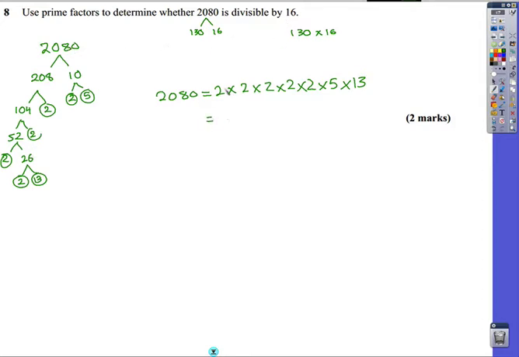Well, let's see. Can we make 16 with any of these? Well, yes. 2 times 2 is 4, times 2 is 8, times 2 is 16. So all of this is 16, and we're multiplying it by 2 times 5 times 13. So 16 is a factor.